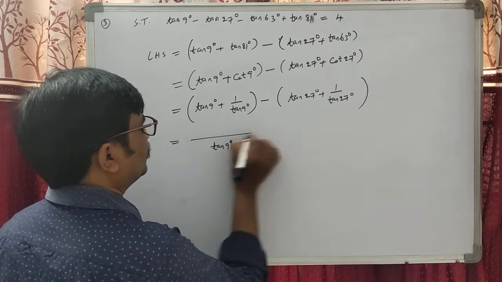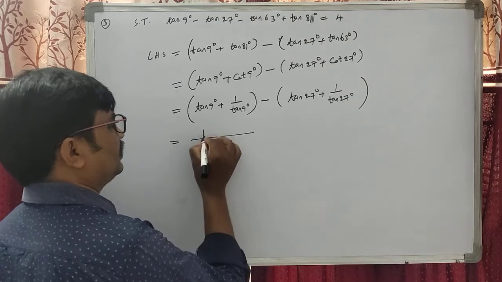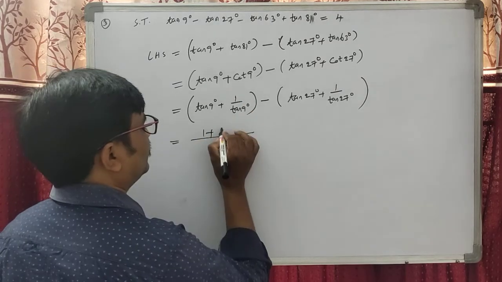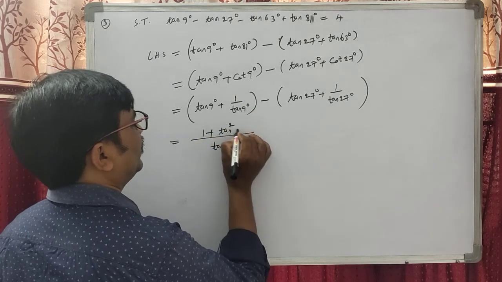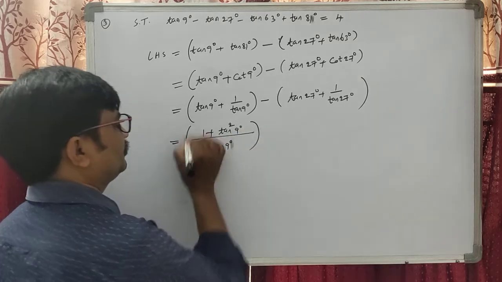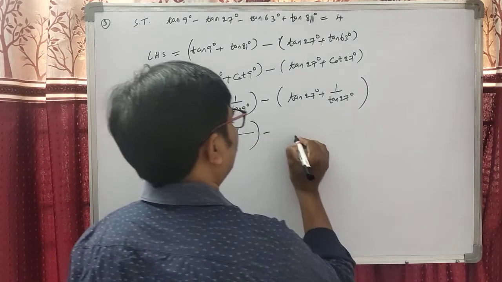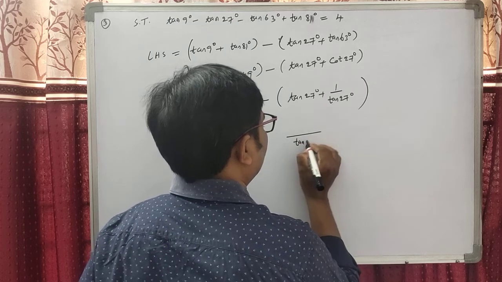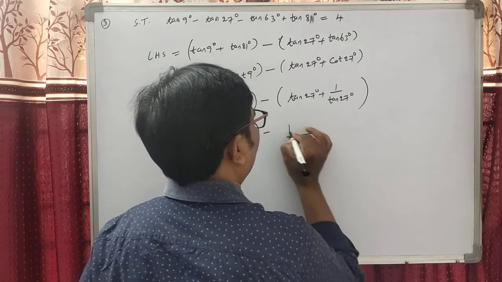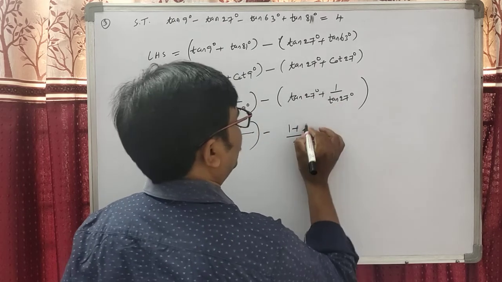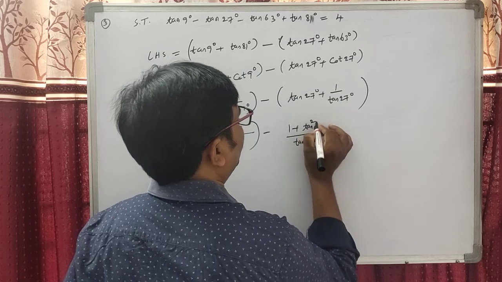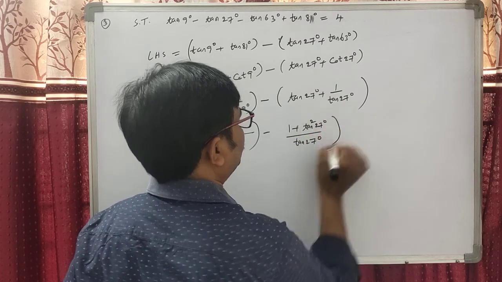Tan 9 degrees we can write as 1 plus tan into tan, that is tan square 9 degrees. So we can write tan of 27 degrees, 1 plus tan into tan, that is tan square 27 degrees.